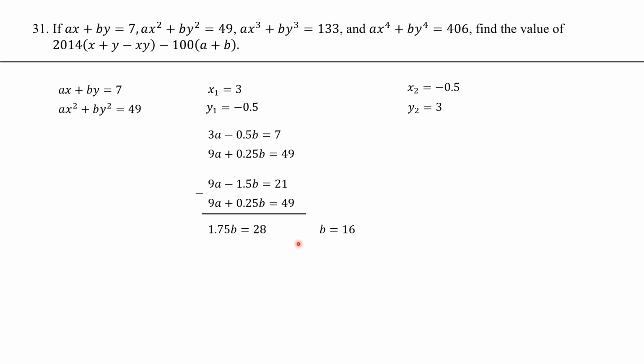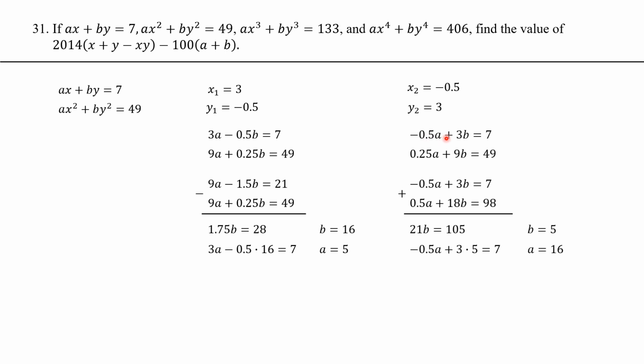Or b is equal to 16. If I know what b is, I can easily find a by plugging b here or here. Again, it doesn't really matter. Both of them are going to give me the same thing. So if I plug 16 in for b in the first one, what I get is a equals 5.